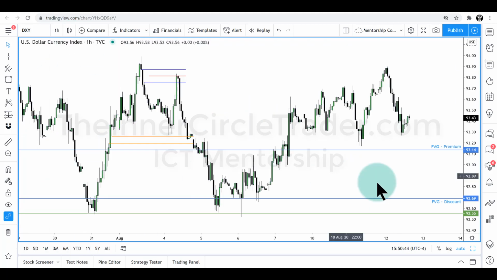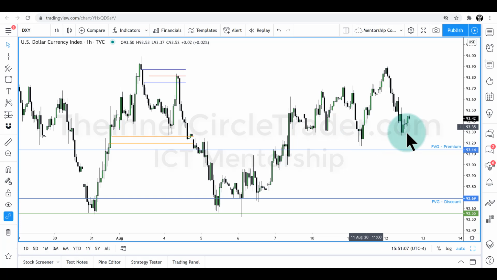Dropping into an hourly chart, you can see we have had basically what I've been outlining: all of this range-bound consolidation trading. We have had a run higher, clearing relative equal highs, and we've moved back down into the order block here.